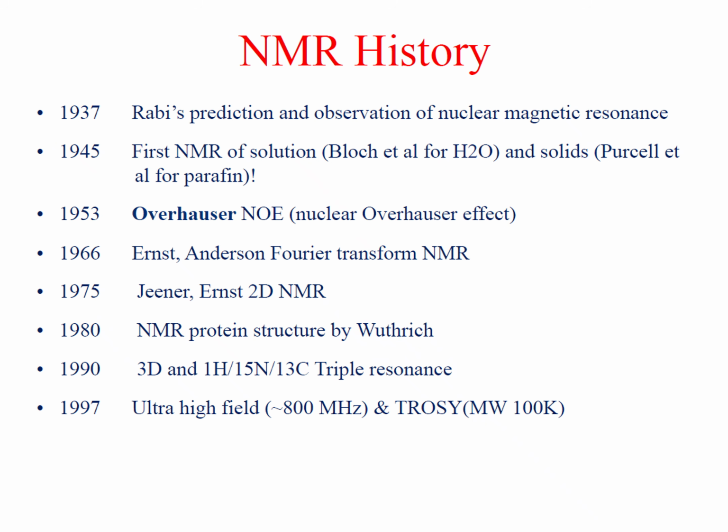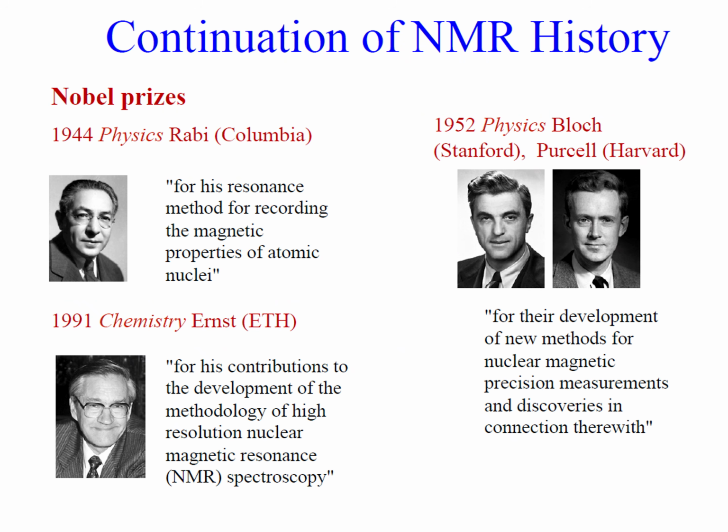This slide shows the overall history of NMR. You can see how, step by step, the development of NMR has been performed. Nearly a dozen Nobel Prizes have been given for NMR. In 1944, in physics, Rabi obtained the Nobel Prize.